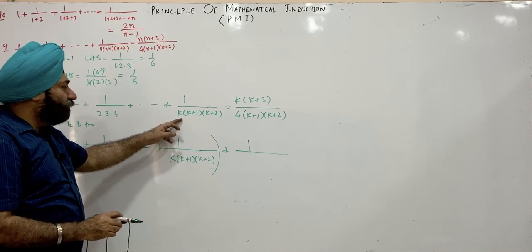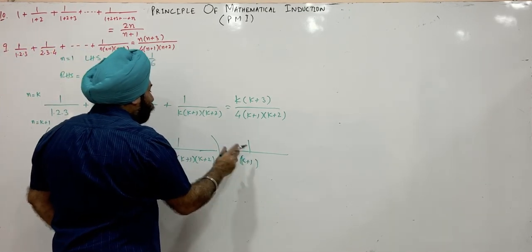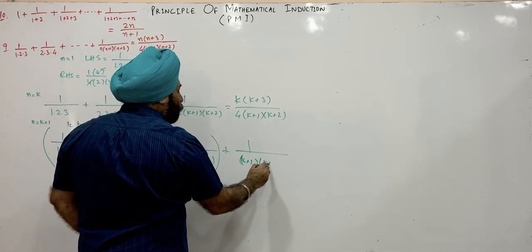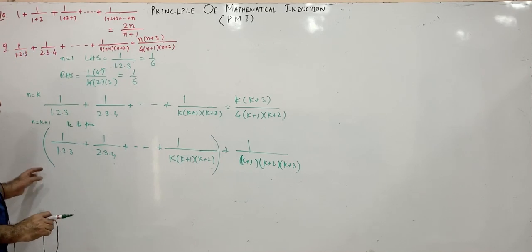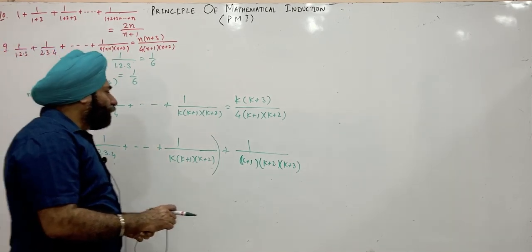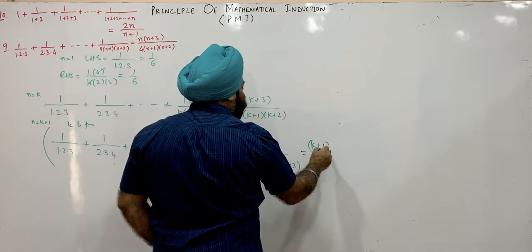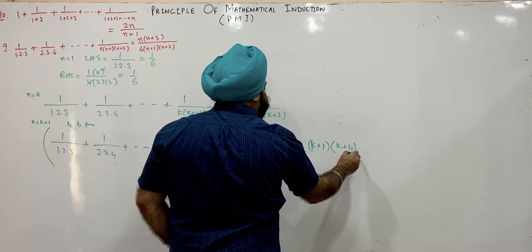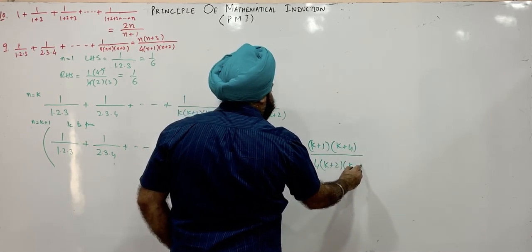The (k plus 1)th term will be by replacing k by k plus 1. Here, this will be k plus 2, and this is k plus 3. So we have the sum of k terms plus the next term, the (k plus 1)th term. We have to prove this is equal to, now here also k replaced by k plus 1, this is k plus 4, this is k plus 2, this is k plus 3.